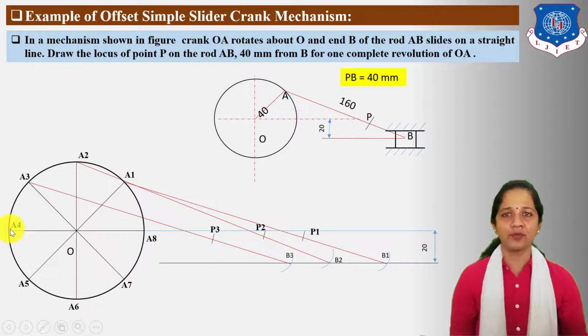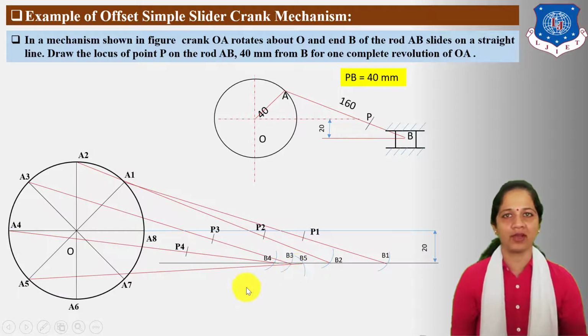For A4 position of crank, find out B4 slider position. Connect A4 B4. Locate P4 on connecting rod A4 B4. Next, take center A5, radius same 16 cm and cut arc on offset path and mark here B5 slider position.